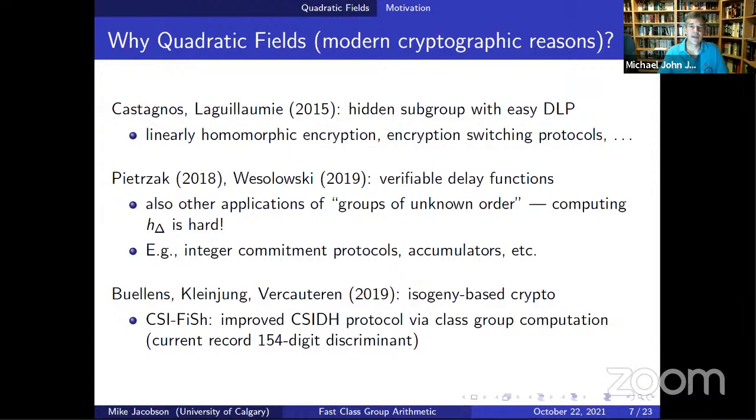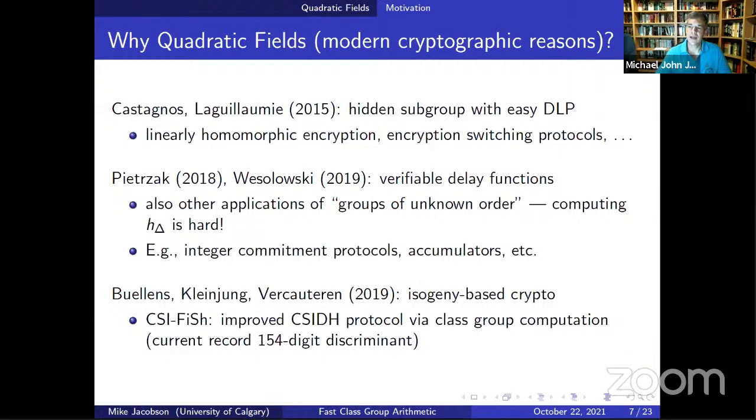And they have a series of papers with some really interesting cryptosystems with new functionalities that we couldn't do well before, including a linear homomorphic encryption, which means that if you take some ciphertexts and form a linear combination of them, and you decrypt the result, you get a plain text, which is an analogous linear combination of the original plain texts. So really useful property. Encryption switching protocols, they have some other signature scheme and a whole bunch of stuff. Again, all of this using arithmetic in quadratic fields.